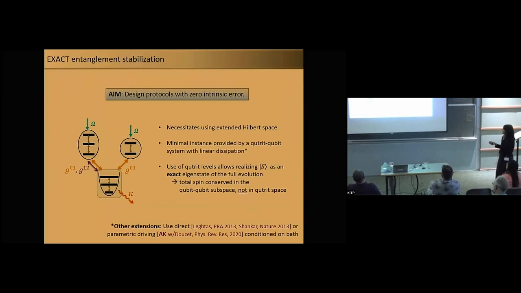And the point is that we know from the reservoir engineering conditions that the total spin has to be conserved under the full Liouvillian dynamics in the computational manifold, which is where the entangled state is supported. But what if I have an auxiliary channel and I break the symmetry in the higher space? And that's exactly what we do.